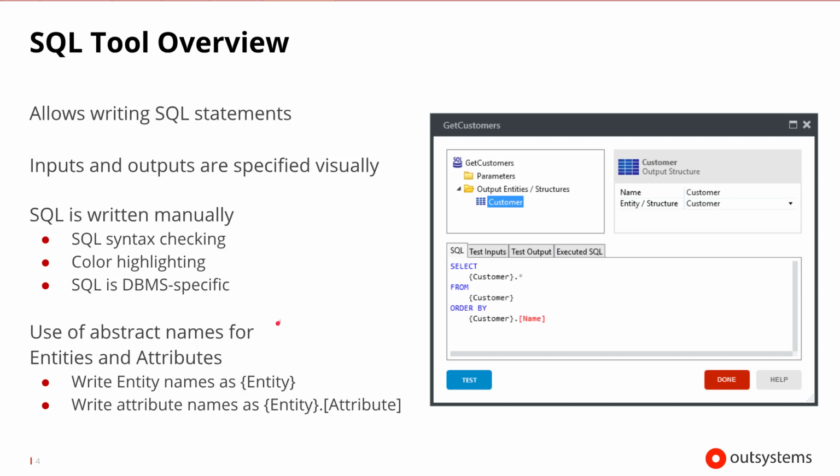And when we're actually working with the entities and the attributes inside of the SQL tool, normally we would just say select from this table these types of attributes, but inside of OutSystems we have to abstract the names for the entities and the attributes. So whenever we're worried about a table, we give it the entity name with curly brackets around it, and then we give it the attribute name with square brackets around the attribute.